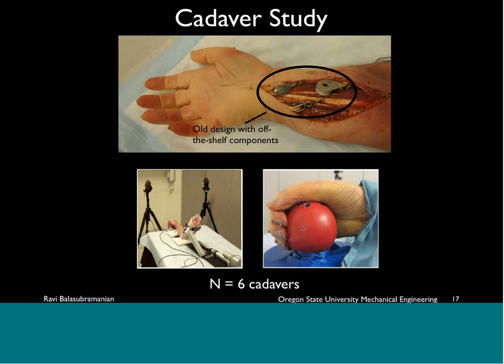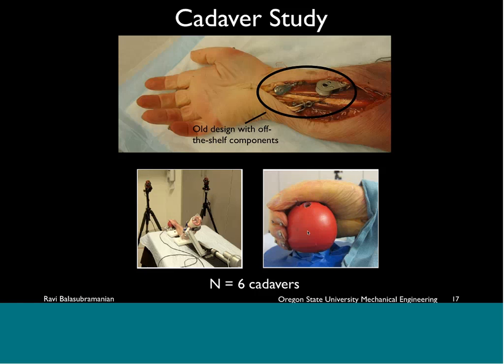So we had the hand try to wrap around a ball, and markers were placed on the fingertips, on the fingers, and these cameras gave us joint angle changes during the grafting process.